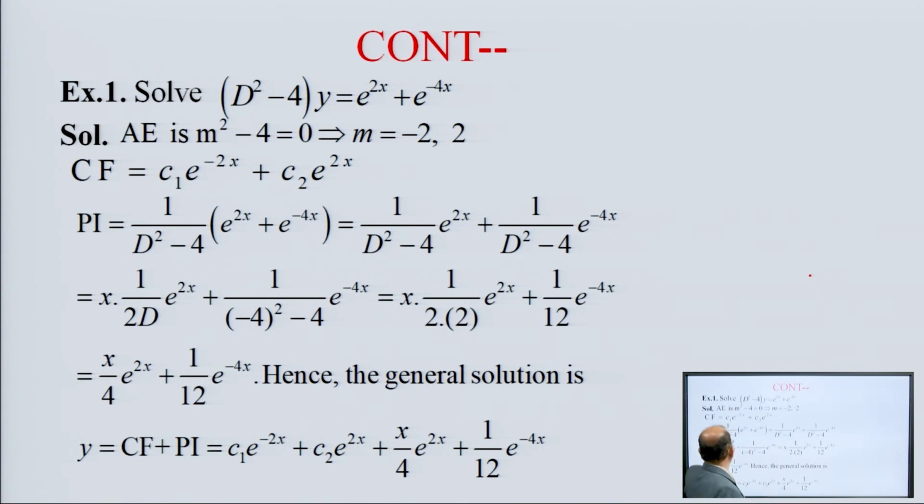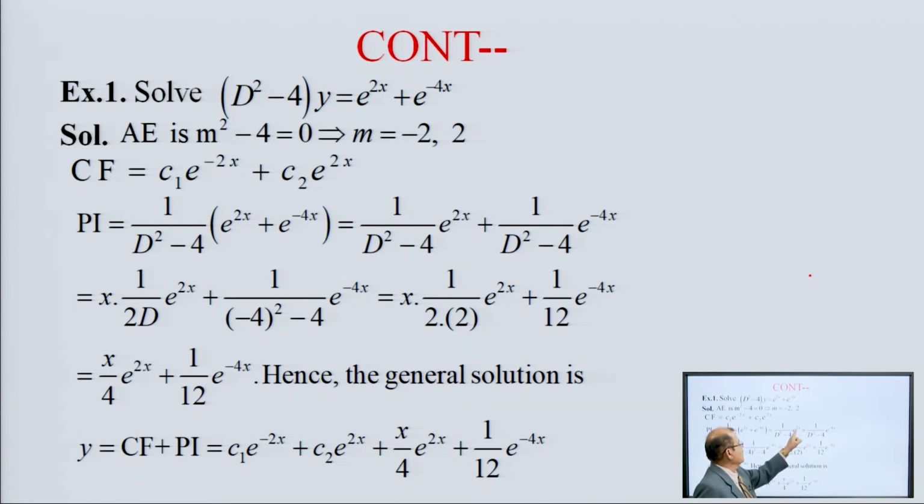Particular integral is 1 by f(D) into the right-hand side. The right-hand side is e^(2x) plus e^(-4x), which means it is a combination of two functions, so 1 by D square minus 4 into e^(2x) plus 1 by D square minus 4 e^(-4x).